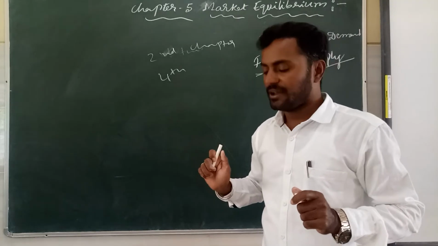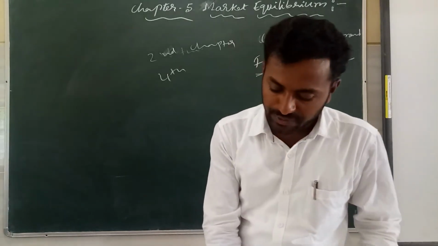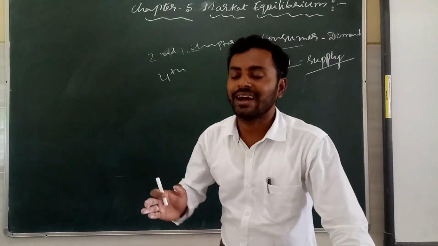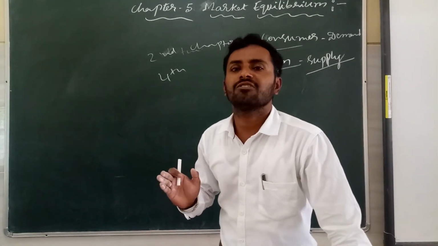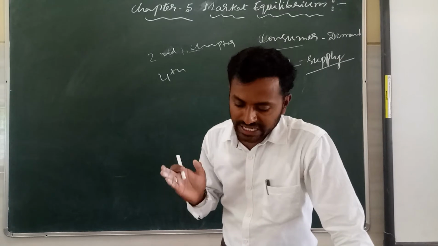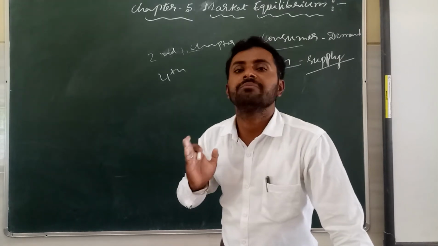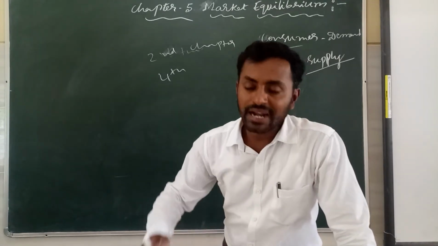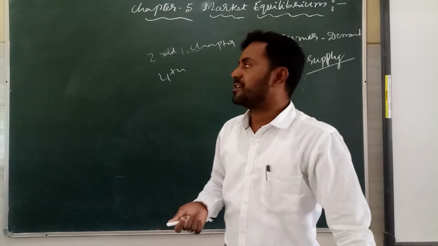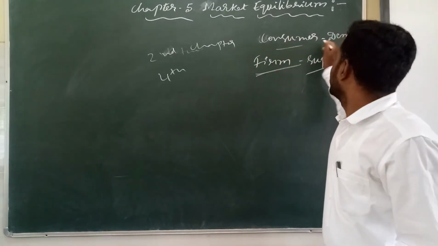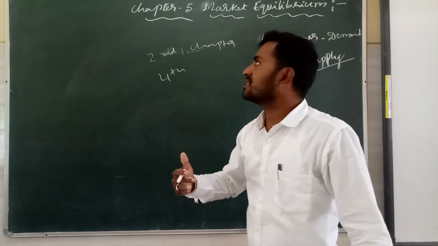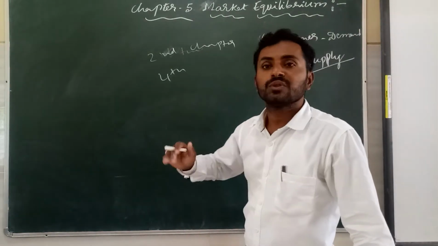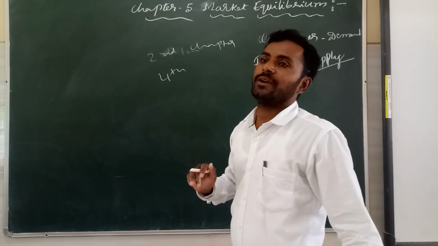In this chapter we combine both consumer and firm behavior to study the market equilibrium, through demand and supply analysis. Now, how are we going to discuss the market equilibrium through demand and supply?